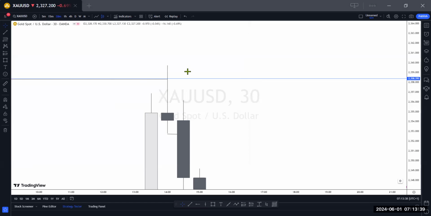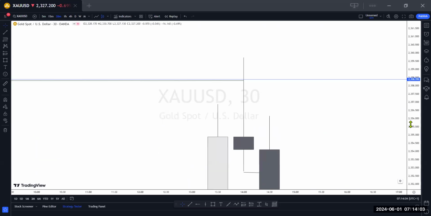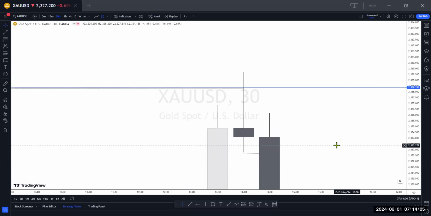So, right, can you tell me why this is an engulfing? Because buyers pushed the price up and then sellers brought it down and ended a bearish candle.